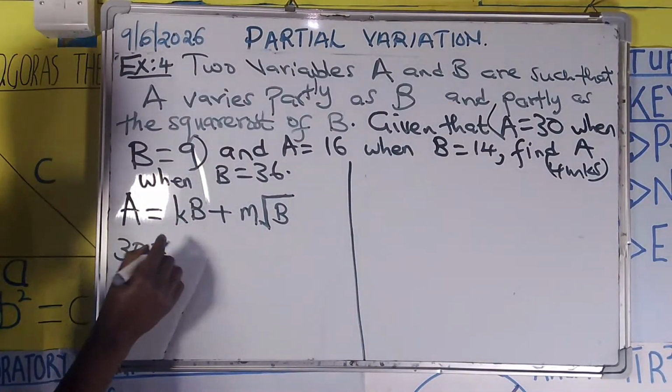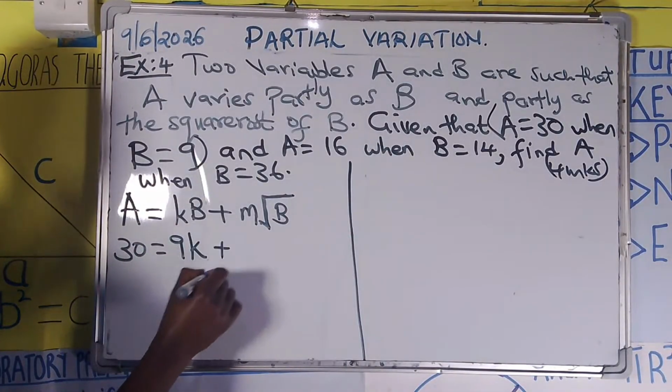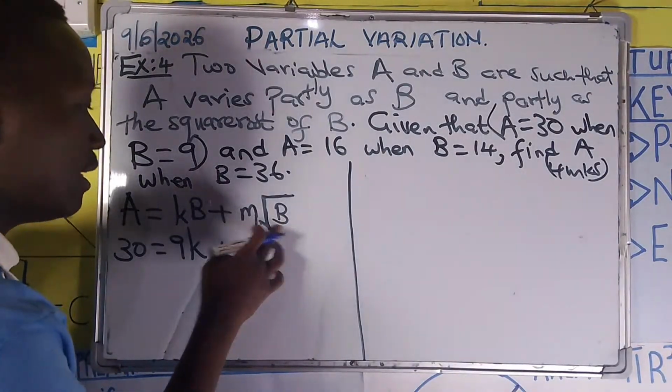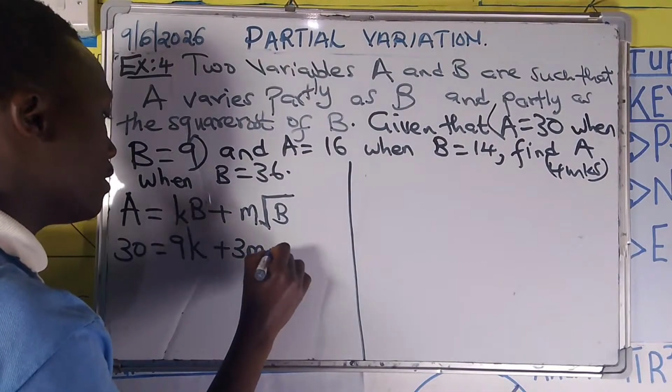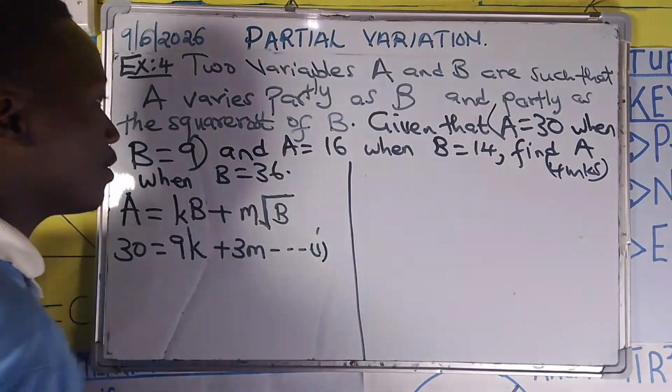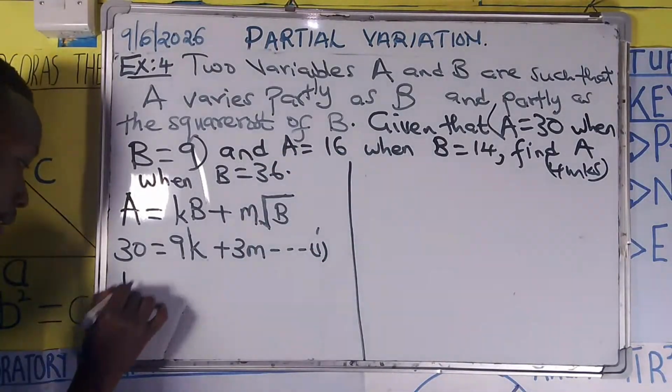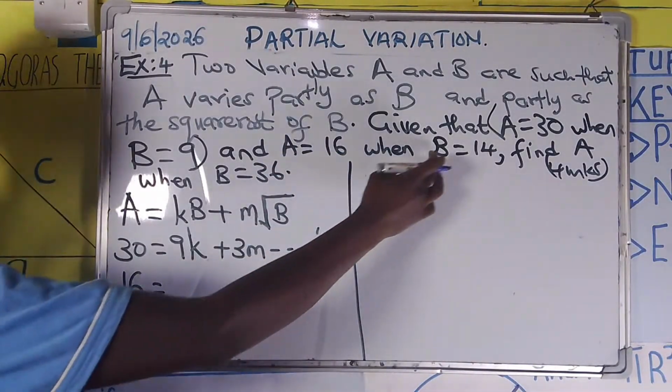So 9 times k is 9k plus the square root of 9 is 3, 3 times m is 3m. So that will give us our first equation. Then tuende ya pili. And when a is 16, our b is 14.